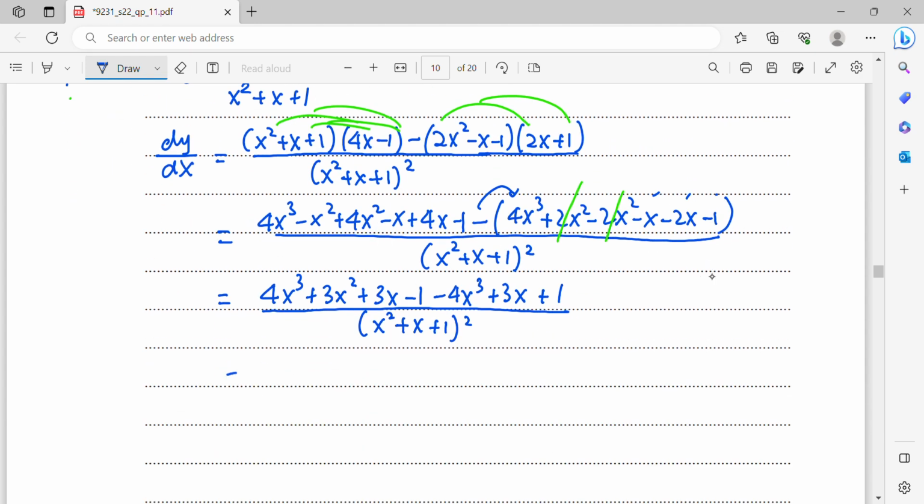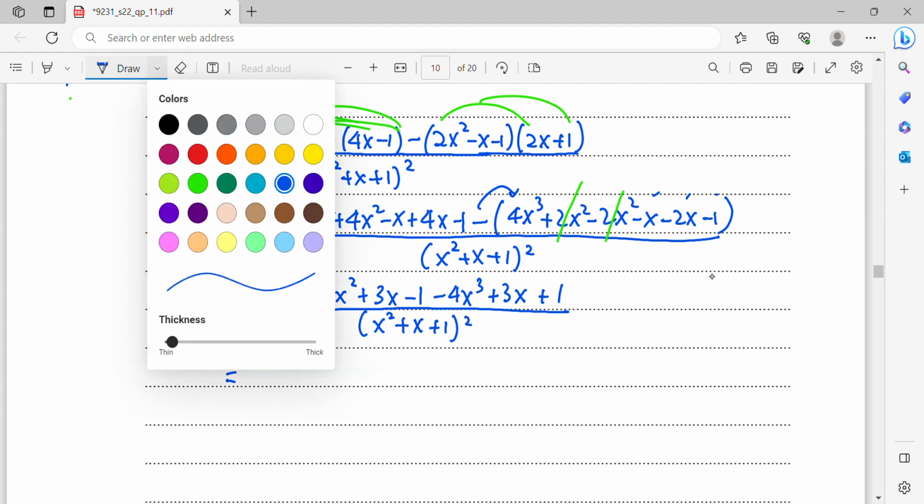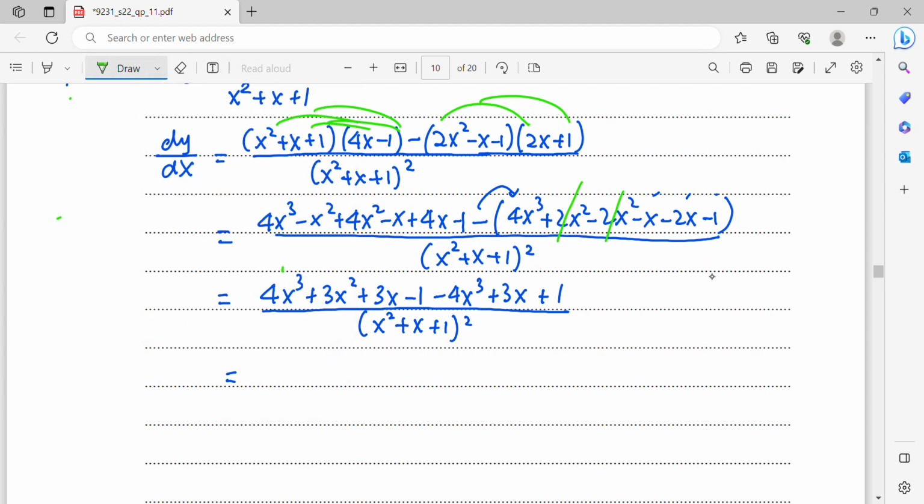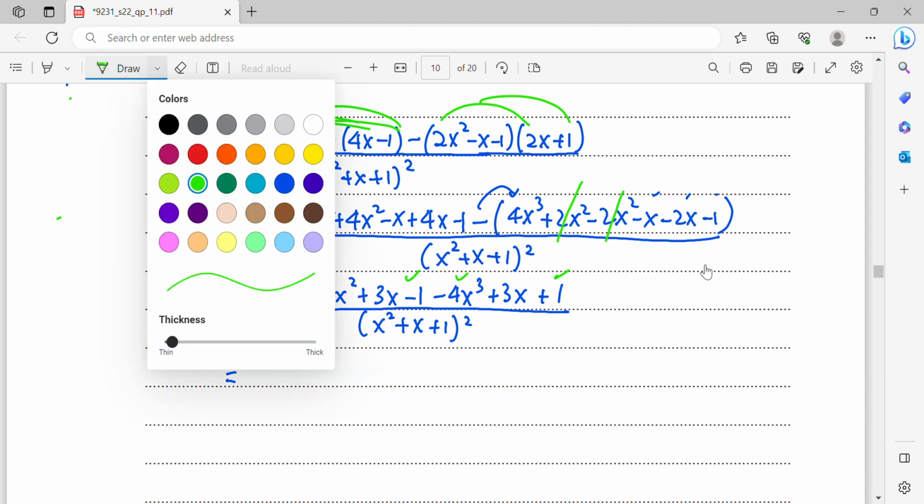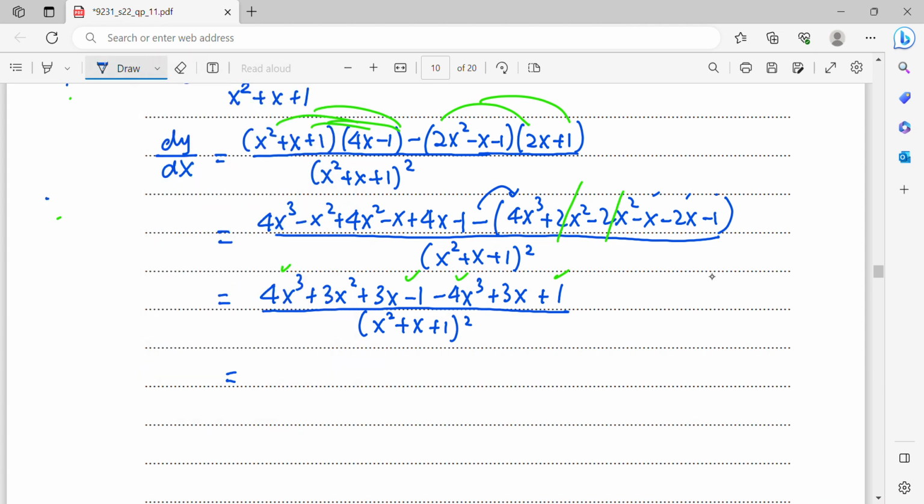Now further simplify. 4x cubed and negative 4x cubed cancel off. Minus 1 and plus 1 cancel off. Rewrite the remaining terms: 3x squared, and 3x plus 3x is 6x, over the square of the denominator.